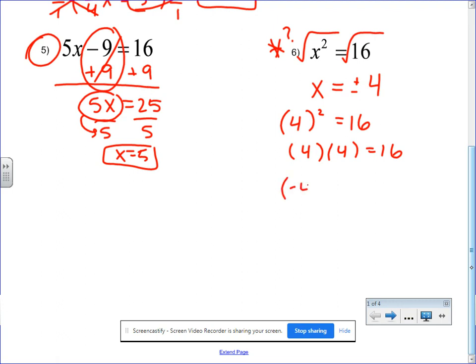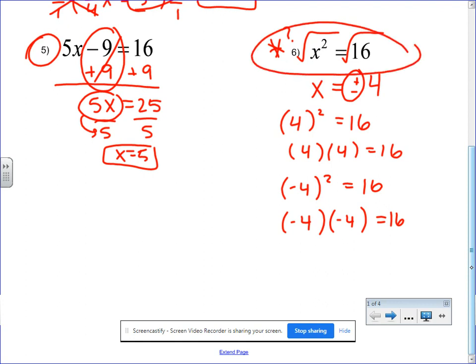But guess what? Negative 4, if it's in parentheses, squared is also 16 because negative 4 times negative 4 will give you a positive 16. So we have to have this little plus or minus in front anytime that we take the square root to solve something. So this is what we're doing today. We're just solving equations that look like this, maybe slightly more complicated.